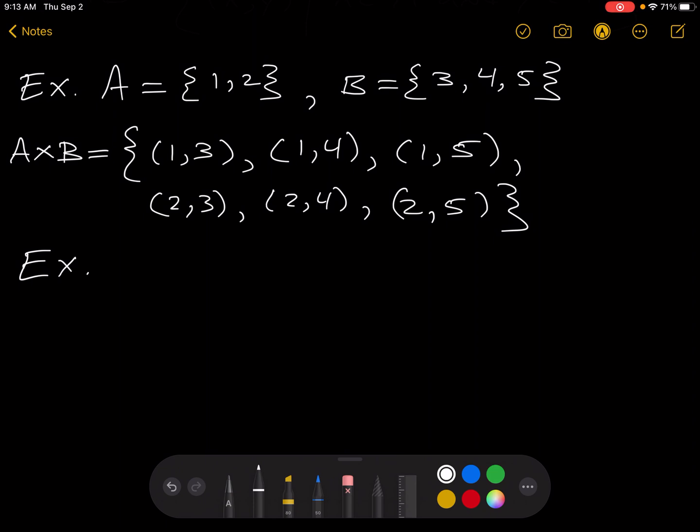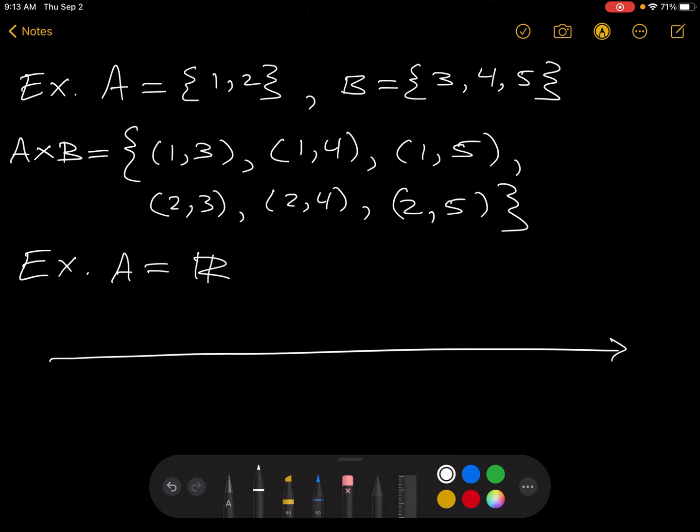Let me give you another example. Something that you've worked with a lot already but didn't know that you were working with, the cross product. So let's say that A is the set of real numbers. Now the set of real numbers you can think of as a line, right? Let's say this is A. A equals the real numbers. And say maybe 0 is here.